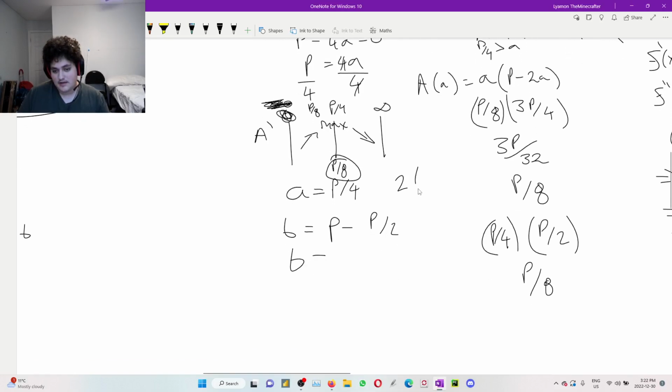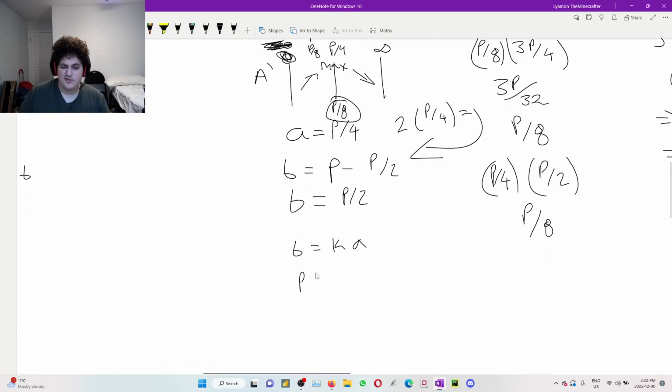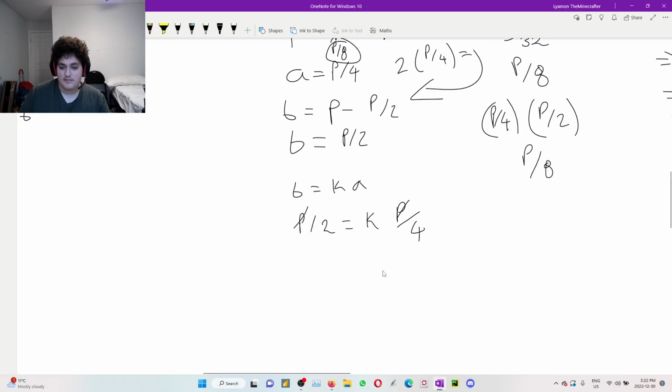So if we say that B equals some multiple K of A, with B equals P over 2 and A equals P over 4, we can divide both sides by P and multiply both sides by 4. K equals 2, B equals 2A, which is what we want to show.